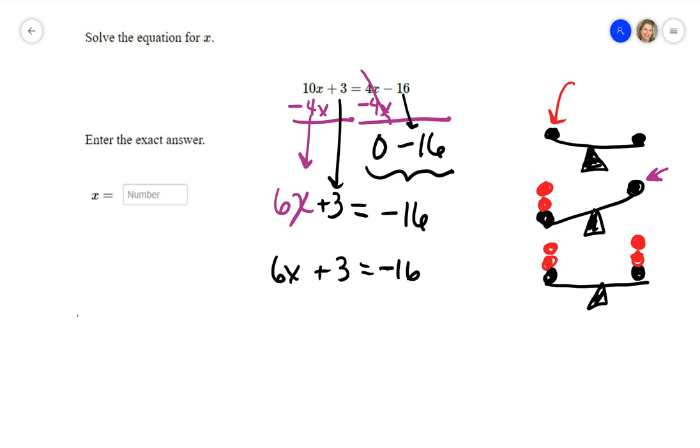And technically you could get rid of them in either order, but it is much easier to get rid of the 6, the number that is multiplied onto the x, last. So I'm going to get rid of this addition of 3 by subtracting a 3. And what you do to one side, you have to do to the other. That just cancels out. It's gone. It's just 0. And 6x plus 0 is 6x.